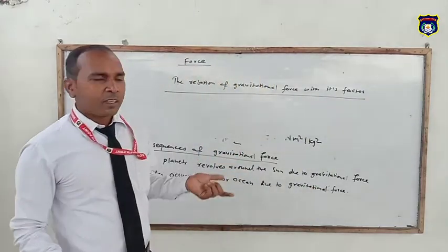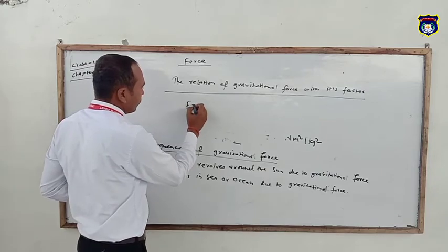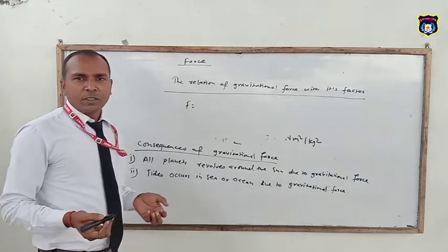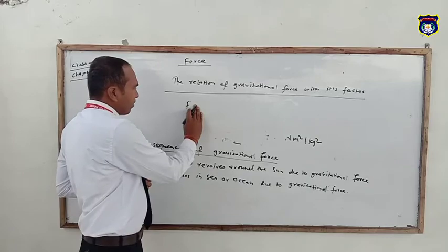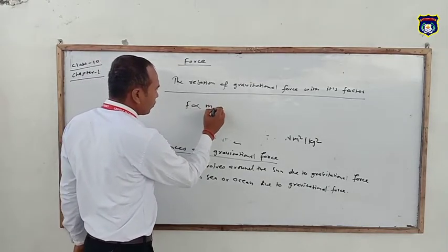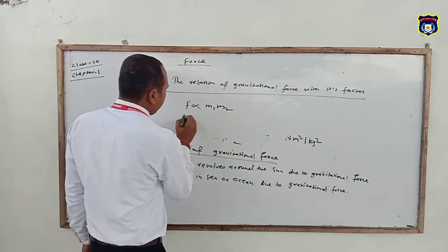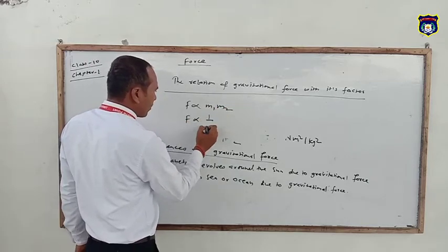We already know the gravitational force formula: F is equal to G m1 m2 by d square. Then what are the relations among them? F is directly proportional to m1 m2 and F is inversely proportional to 1 by d square.